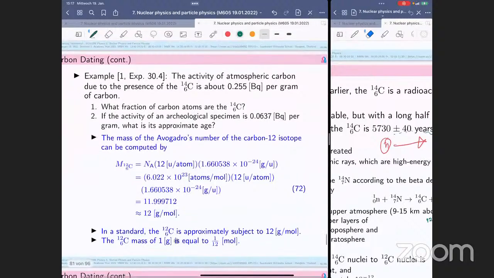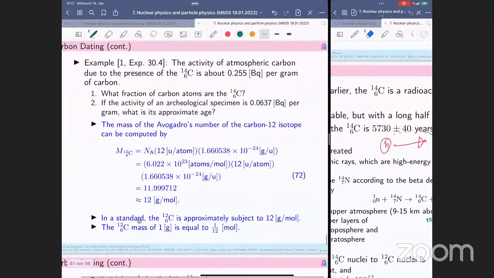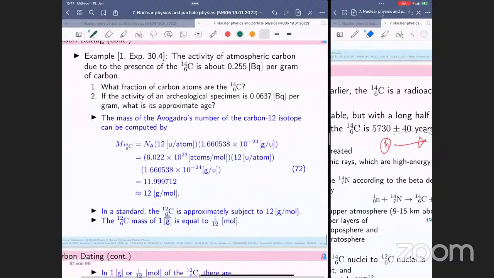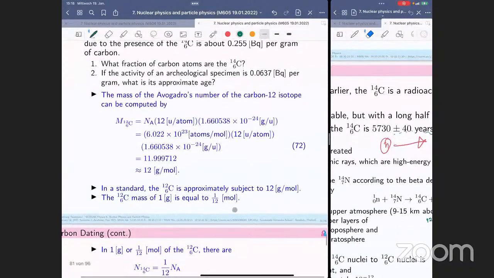That's exactly the same, because we use carbon-12 as the reference to define the atomic mass unit. As a standard, carbon-12 is 12 grams per mole, and carbon-12 with a mass of 1 gram is equal to 1/12 mole.